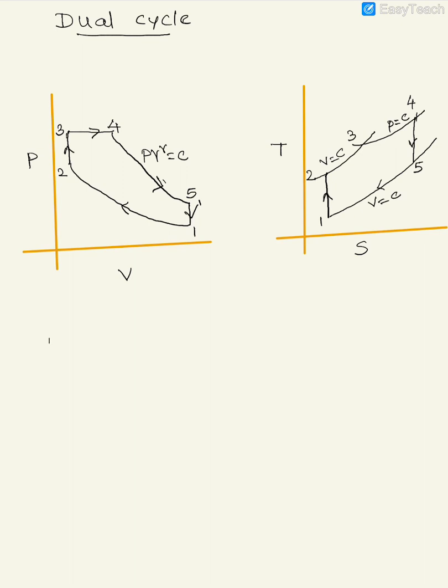So this way the dual cycle, which is 1 to 2 isentropic compression. This is how it is represented. 2 to 3 constant volume heat supplied. This is how it is represented. 3 to 4 constant pressure heat supplied.